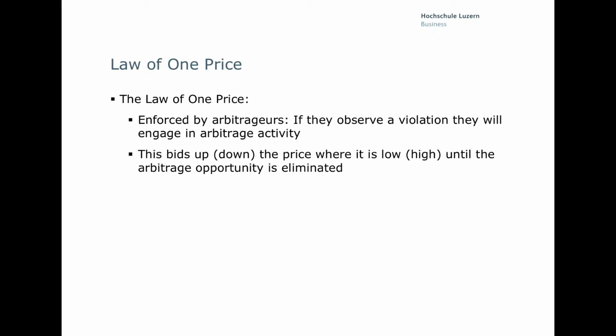If they observe a violation of the law, they will engage in arbitrage activity, meaning simultaneously buying assets where they are cheap and selling where they are expensive. In the process, they will bid up the price where it is low and force it down where it is high, until the arbitrage opportunity is eliminated.